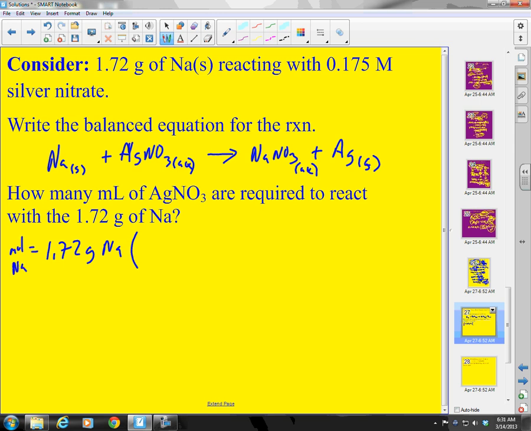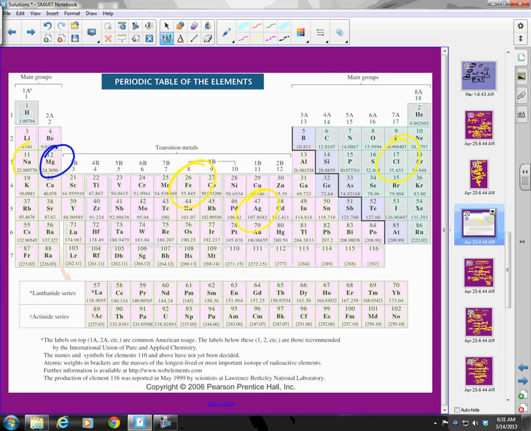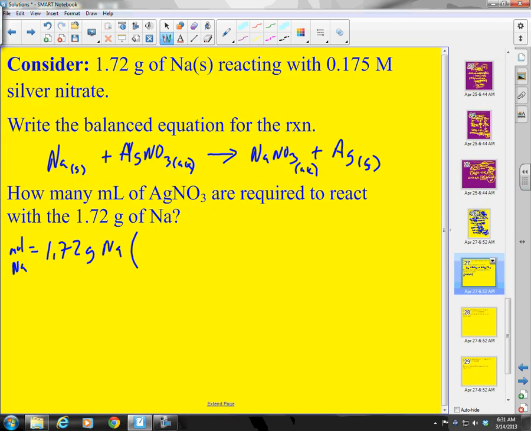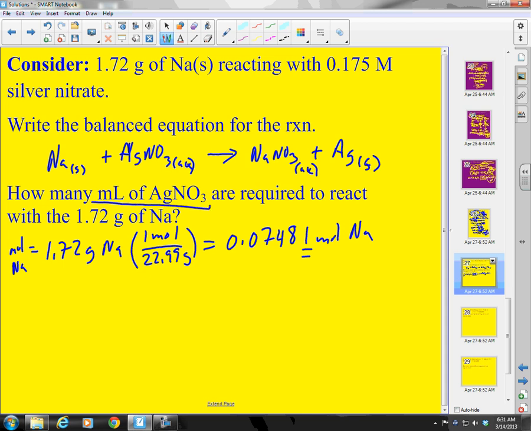I need moles of my sodium. Where's sodium? 22.99. So that is 1 mole per 22.99 grams. So we're going to take 1.72 divided by 22.99 equals 0.07481 moles of sodium. Okay, and we want to figure out how many milliliters of silver nitrate are required.